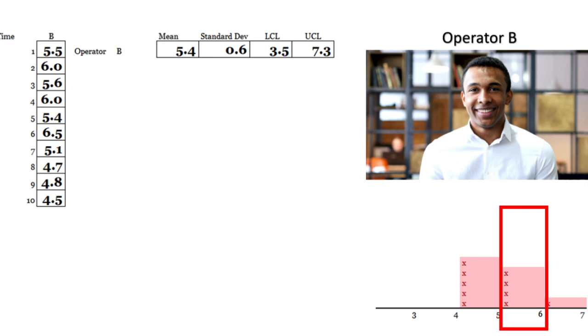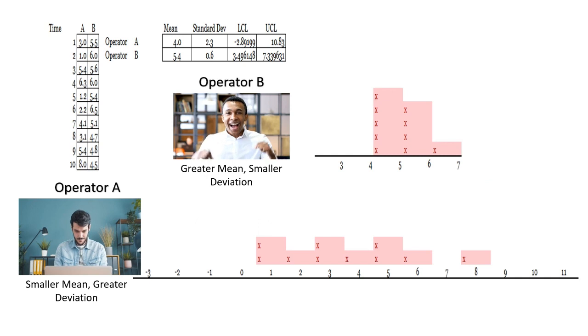So he's pretty tight in comparison to operator A, who's doing it anywhere from 8 minutes to 3 minutes. So you can see that operator A is going to be stretched, and there's going to be a lot more data spread out, as 8 is far away from 3, versus operator B.